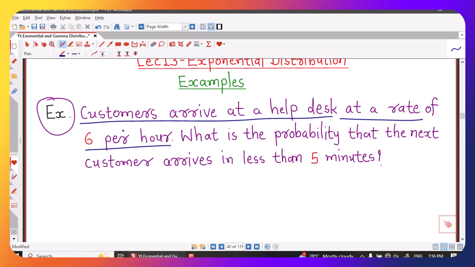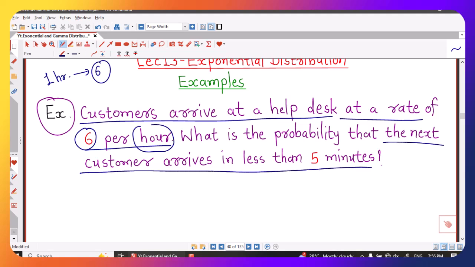That means average number of customers arriving at a help desk in 1 hour is 6. Using this information we have to find the probability that the next customer arrives in less than 5 minutes.